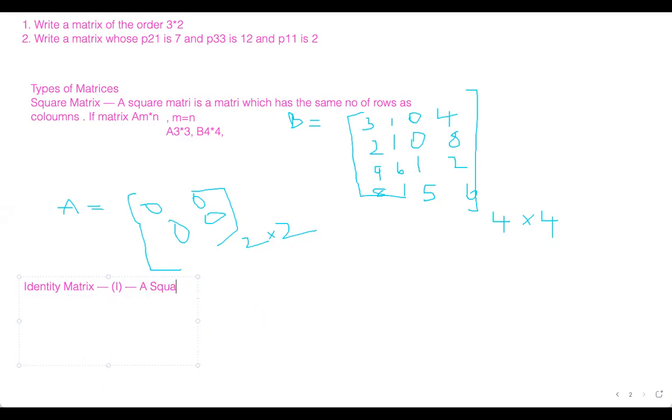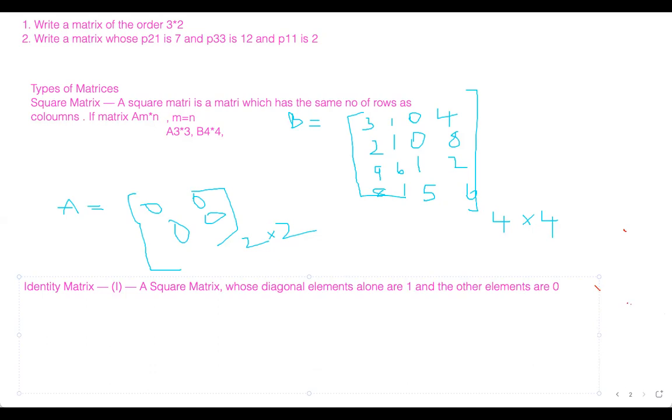A square matrix whose diagonal elements alone are 1 and the other elements are 0. ठीक है?